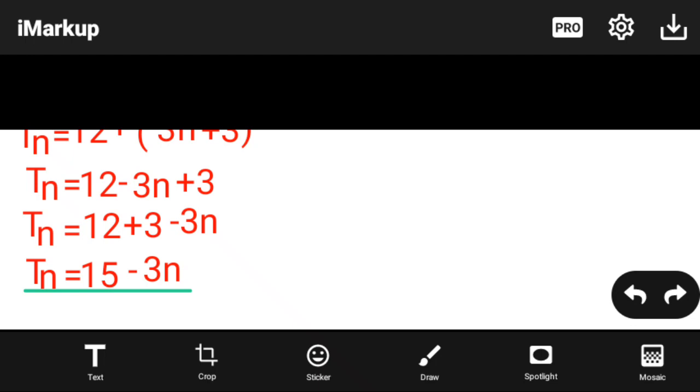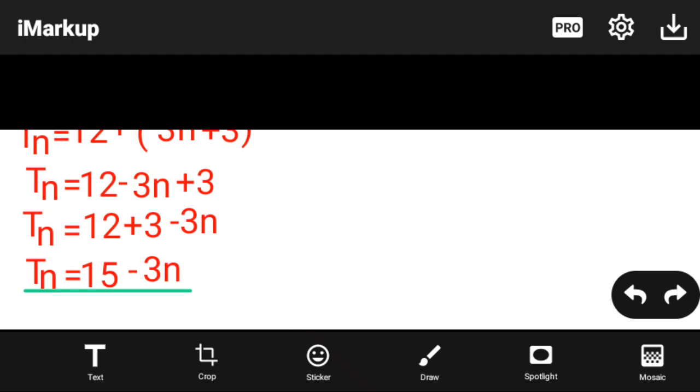Okay. Now, there is another way you can handle this question. The other method you can use to answer this question is by using the simultaneous equation.